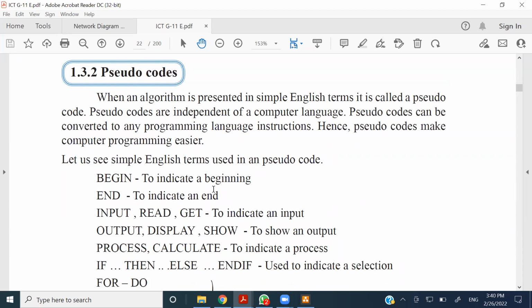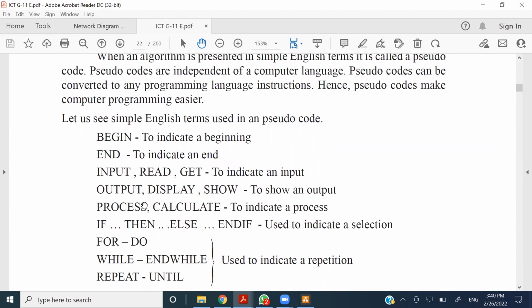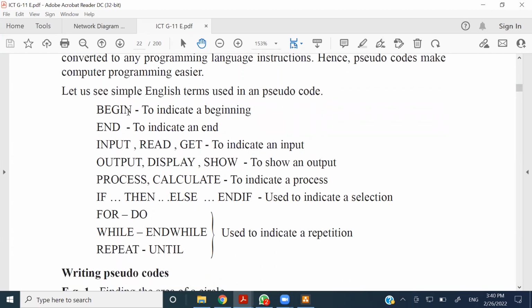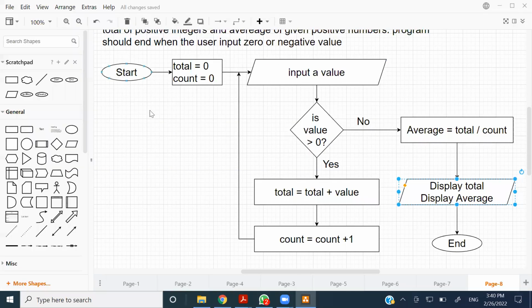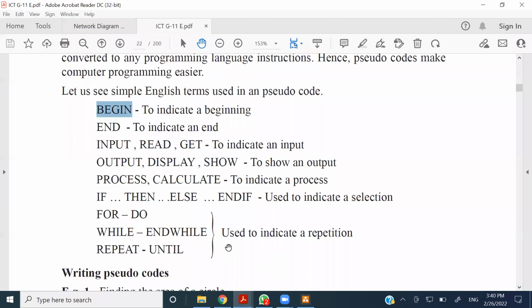You can use any particular language. In your case, you have to use English, and you express how the algorithm should work. And when you are writing the pseudocode, there are some English terms that we use to indicate the beginning of the pseudocode, like we indicate start on the flowchart, and there is a way to indicate the end of the pseudocode.